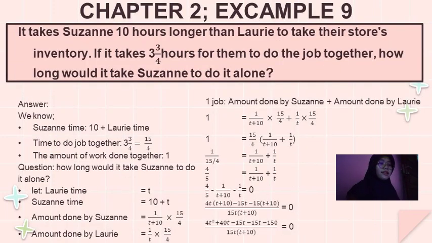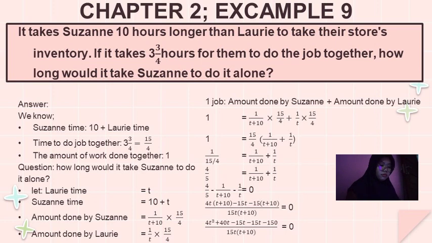Example 9. It takes Susanna 10 hours longer than Laurie to check their store's inventory. If it takes 3 and 3/4 hours for them to do the job together, how long would it take Susanna to do it alone?